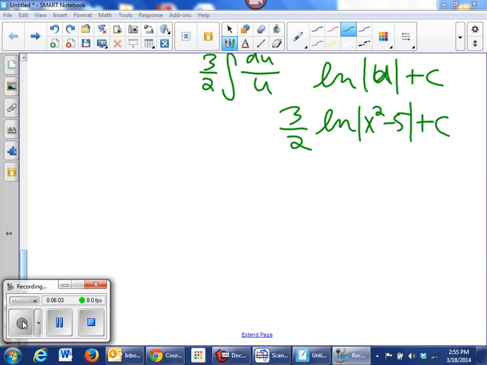Okay, next we will integrate with trig problems. Take the integral of cosine of x dx over square root of sine x.